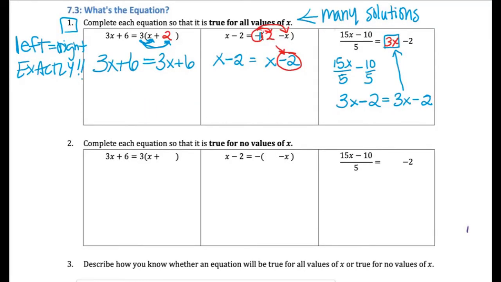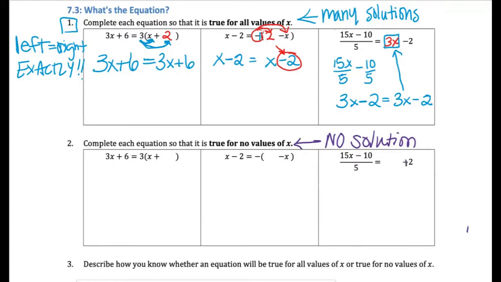Okay, so for the next part, we are going to complete each equation so that it is true for no values of x. Okay, so that means that we have no solutions that will possibly work. Okay, so true for no values and no solution, same type of thing. Okay, now we do have the same equations that we had above, except there is one typo.